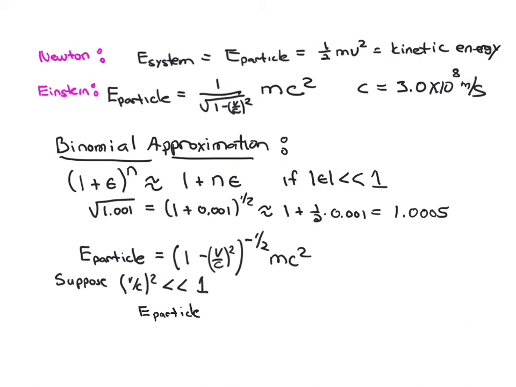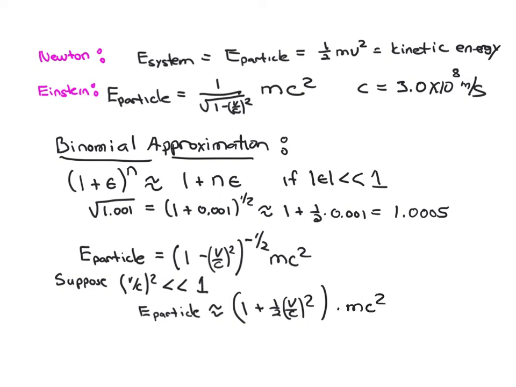So in all of those cases, we can approximate, according to Einstein, the energy of a particle as 1 plus 1/2 (v over c) squared. That's applying the binomial approximation to this part here, times mc squared.